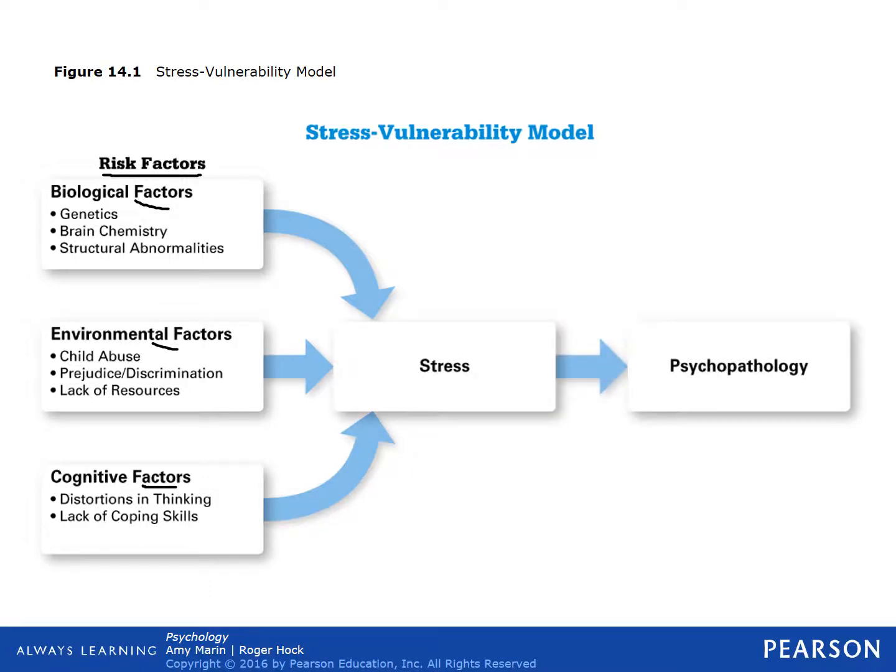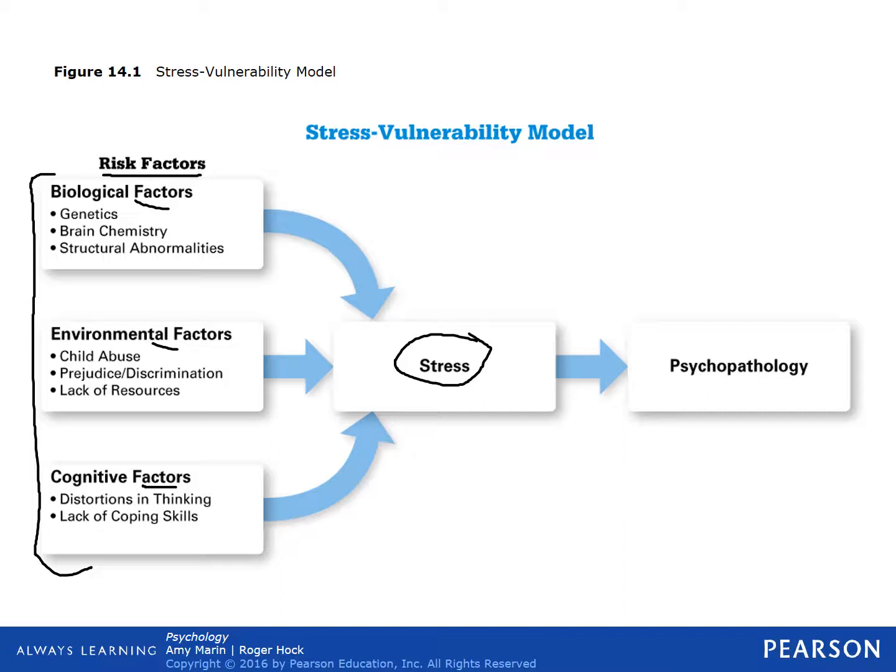And so if we have any one or more of these risk factors in our life, and then there's stress. Something comes along in our life, and remember, stress is some kind of pressure from the environment on the organism that causes it to have to react and change. So if we have that stress, that pressure from the environment, and we have these risk factors, then that's what can lead to the psychopathology or the disorder or the abnormality.